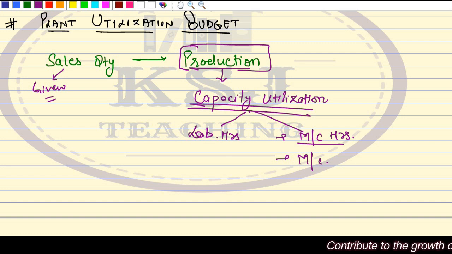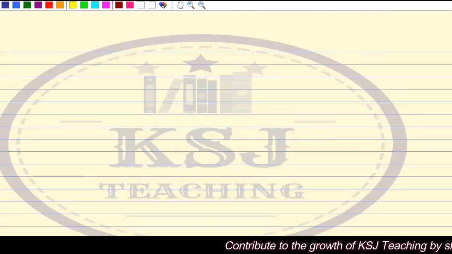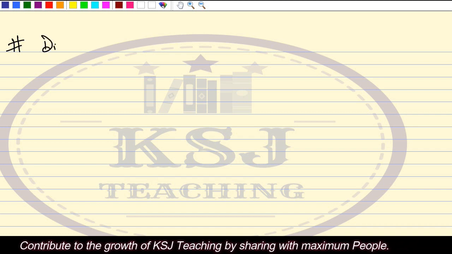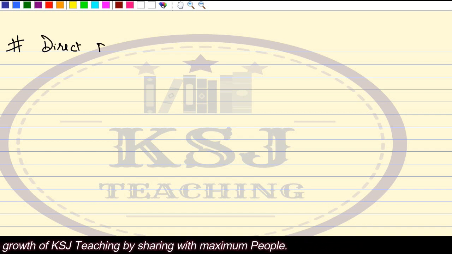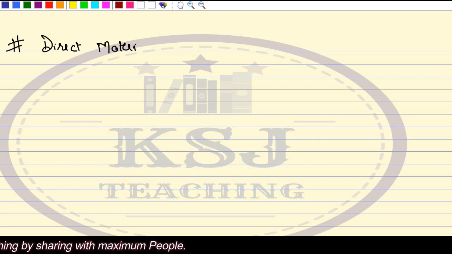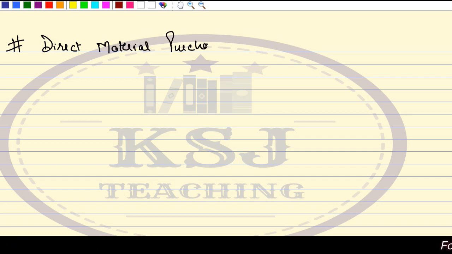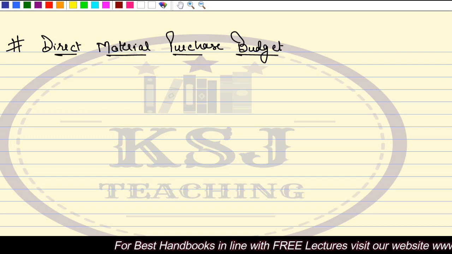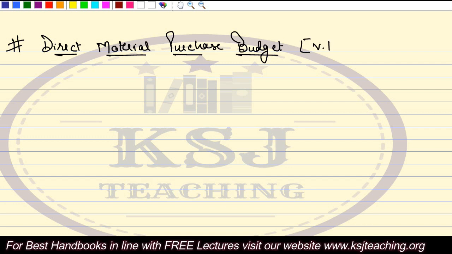Now the next one is a very important one, the direct material purchase budget. This is very important, and in many of the questions you will get this, so mark it as very important.